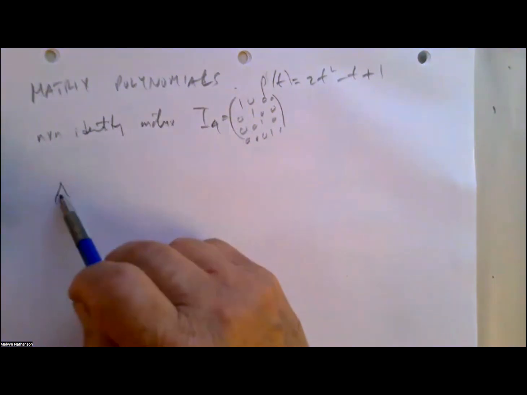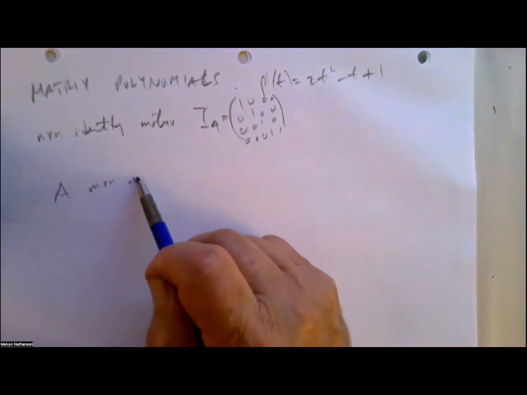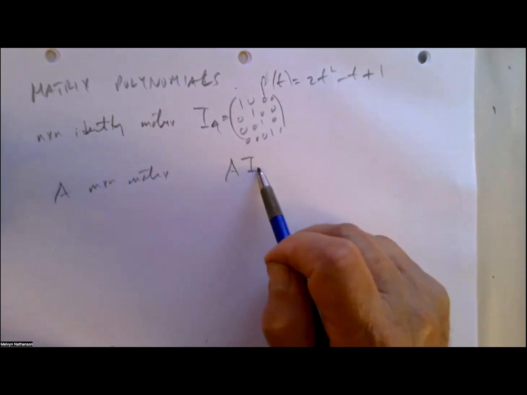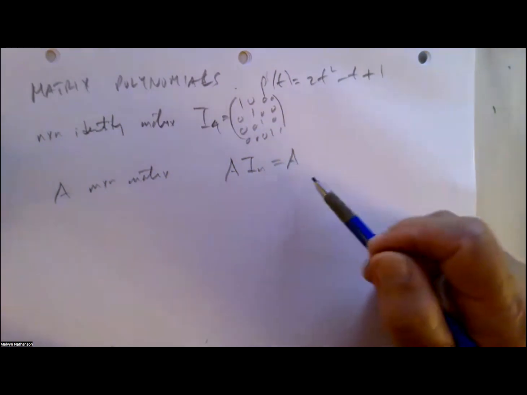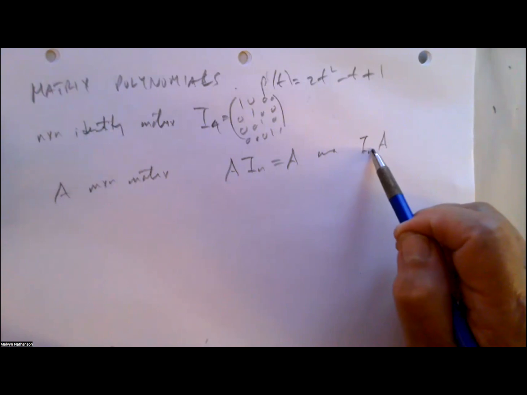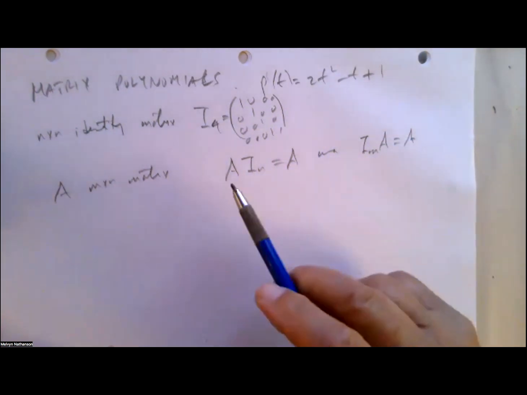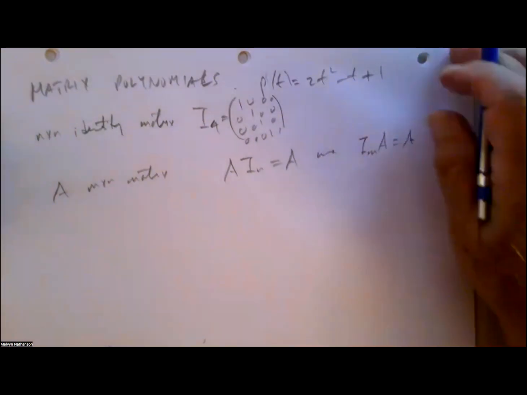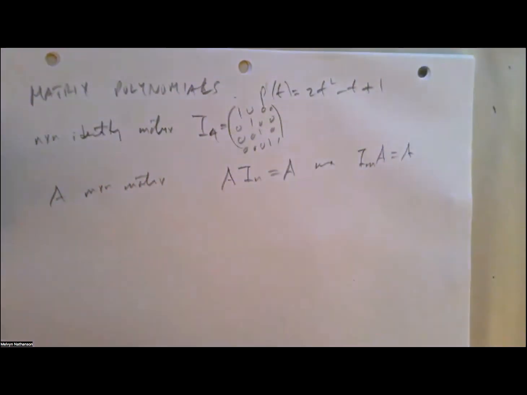In general, if A is an m by n matrix, I can multiply A on the right by the identity I sub n, and that's going to be A. And I can multiply A on the left by the m by m identity, and that's also going to be A. So this n by n identity matrix is sort of equivalent to the number 1. It's the multiplicative identity. The identity times any matrix, for which the multiplication is defined, just doesn't change the matrix at all.